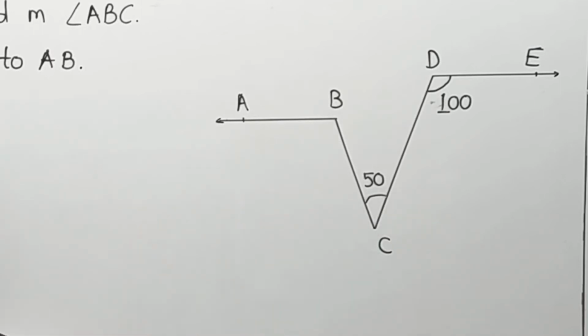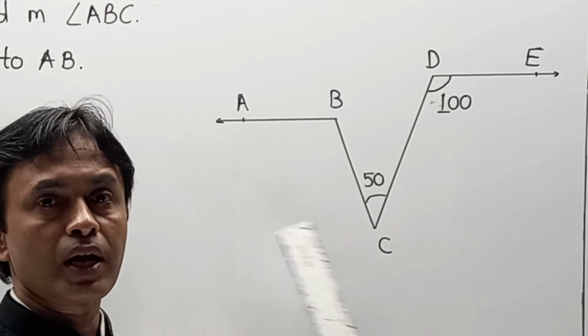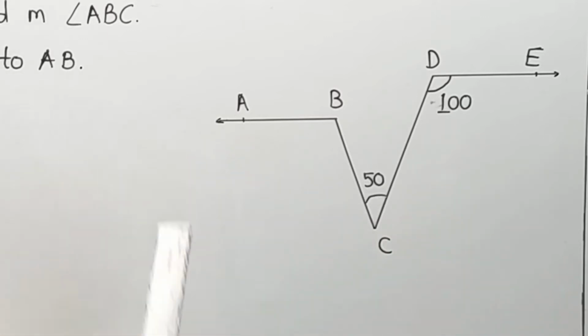In this case, they have also given a hint for that part. Draw a line passing through C and parallel to AB.